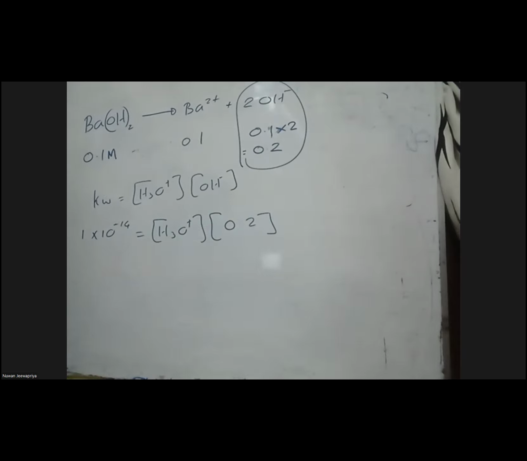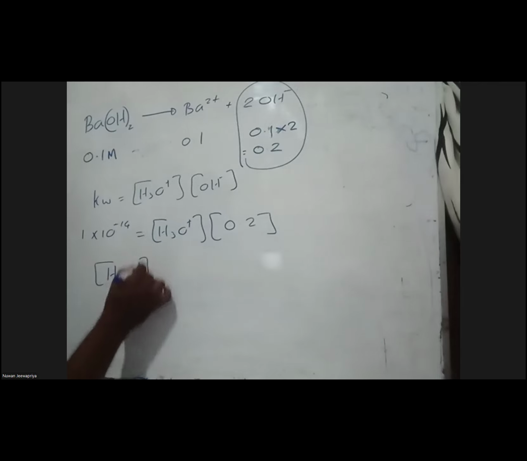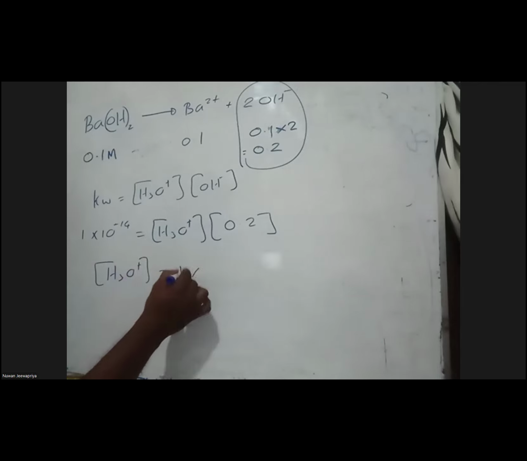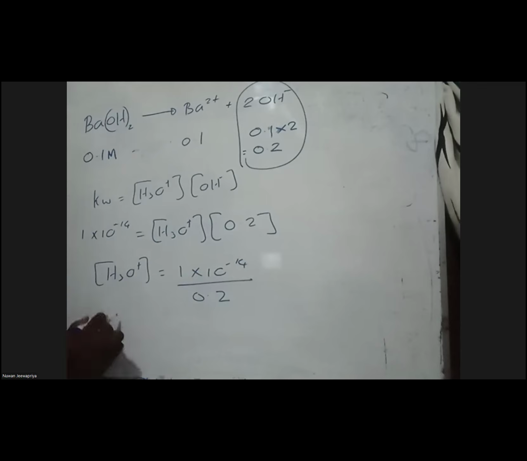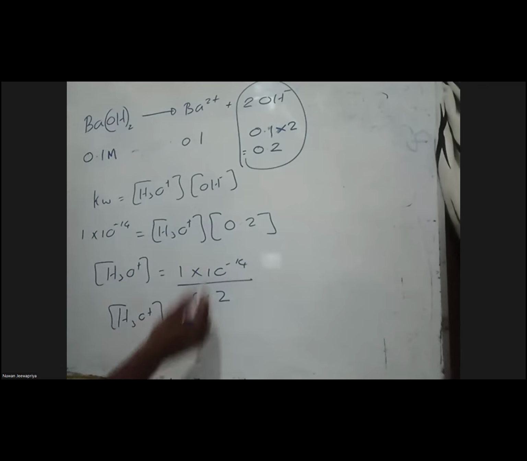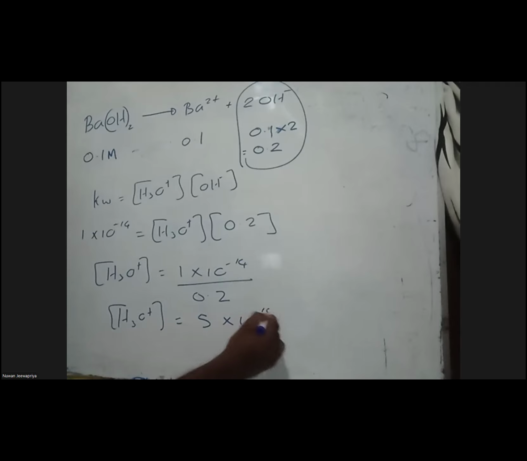So now the only unknown is the H3O plus concentration. H3O plus concentration is equal to 1 times 10 to the power minus 14 divided by 0.2. If you simplify this with your calculator, it gives 5 times 10 to the power minus 14.